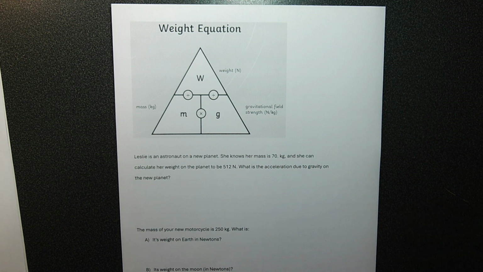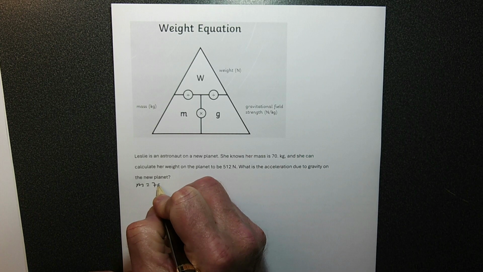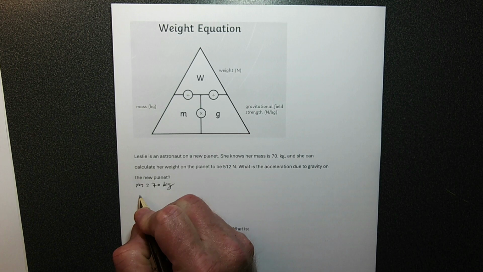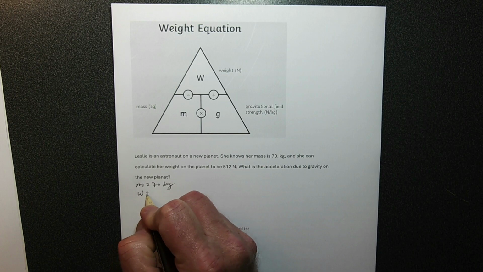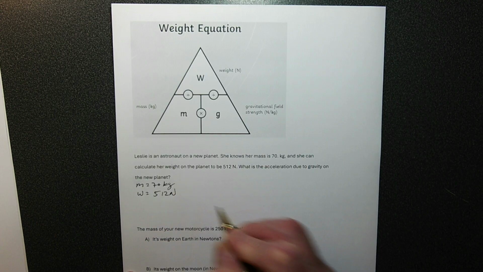She knows her mass is 70 kilograms, so we'll write down mass is equal to 70 kilograms. And she can calculate her weight on the planet to be 512 newtons. Remember, weight and force are always in newtons. What is the acceleration due to gravity on the new planet?